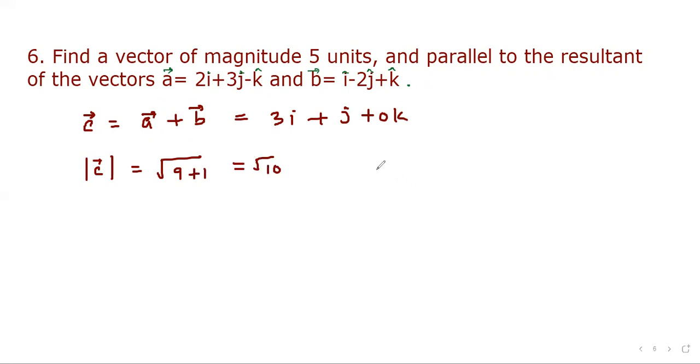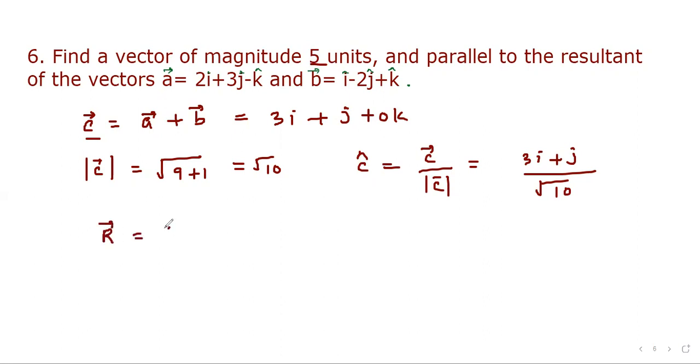Now we find a unit vector in the direction of vector C. So C cap will be vector C divided by modulus C. So this will be 3i plus j divided by root 10. Now the required vector has magnitude 5 units. So let the required vector be vector R, which will be 5 times C cap.